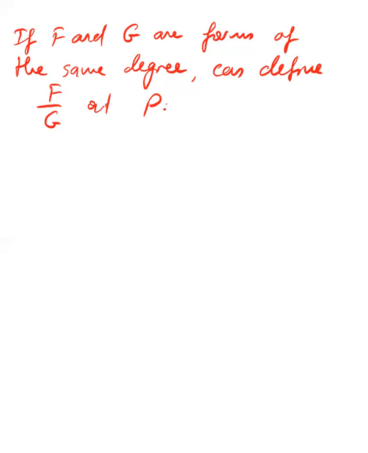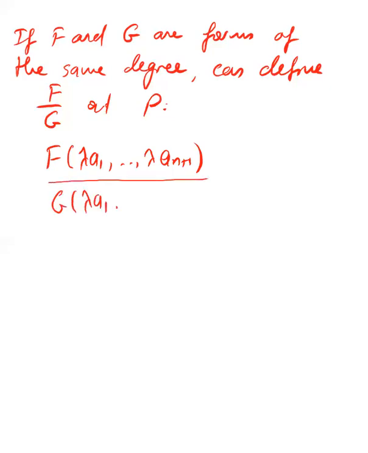The reason is that if you take any representative of P, any representative is lambda times A1, ..., lambda times A(n+1).